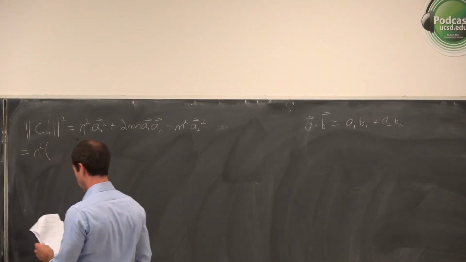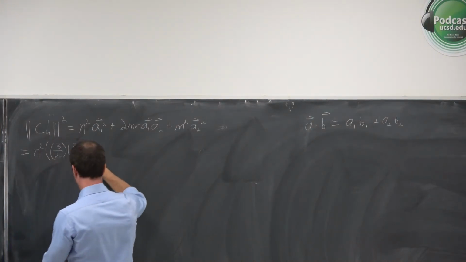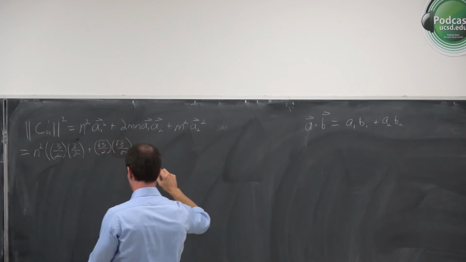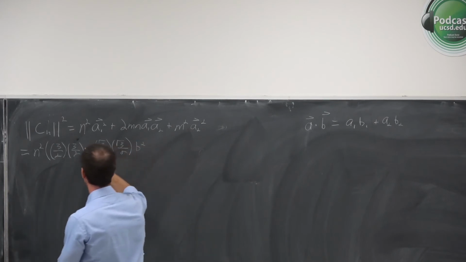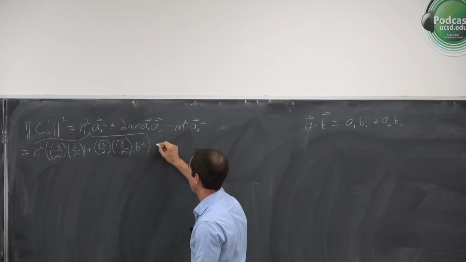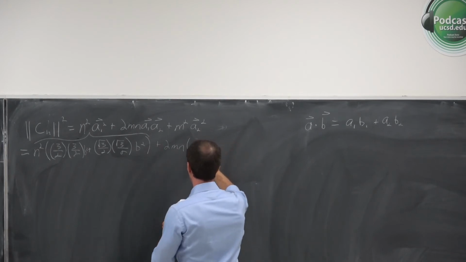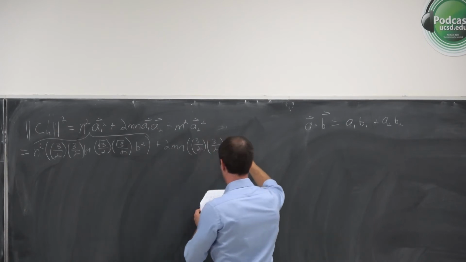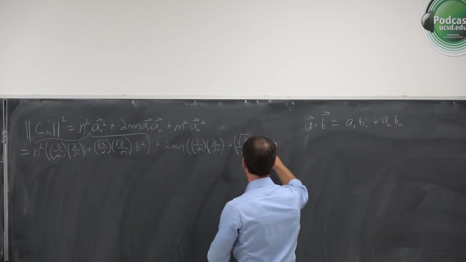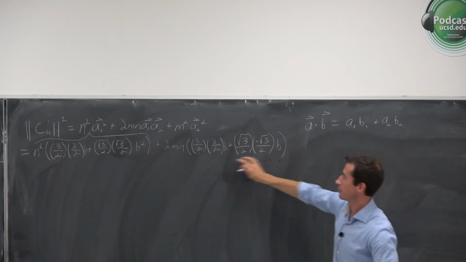So n squared... okay, so this is all that. This 2mn... this is this.